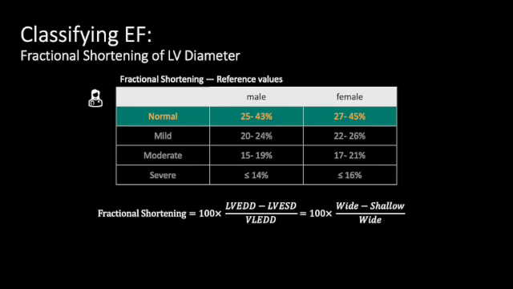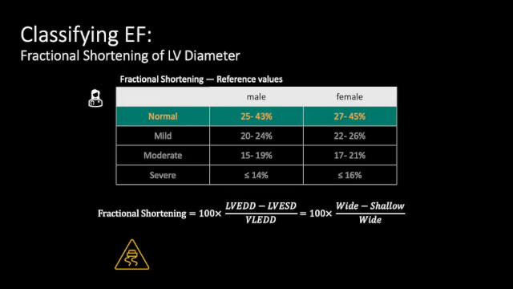Fractional shortening is dependent on sex to a degree, with female hearts generally thickening a little bit more, having a little bit more of a change in their fractional shortening. But a general rule of thumb is that as long as the left ventricle is contracting by about 25% or more, that diameter is changing by 25% or more, that is more indicative of a normal ejection fraction.